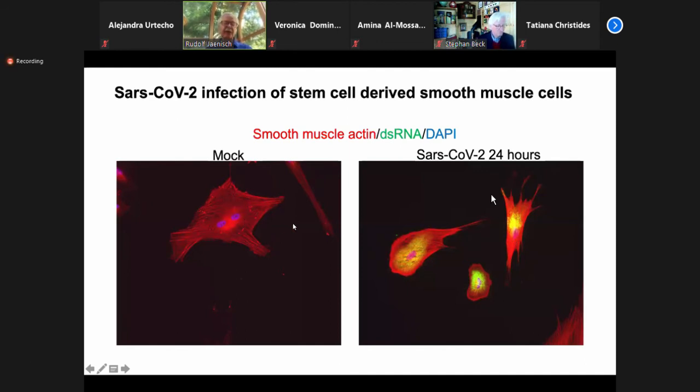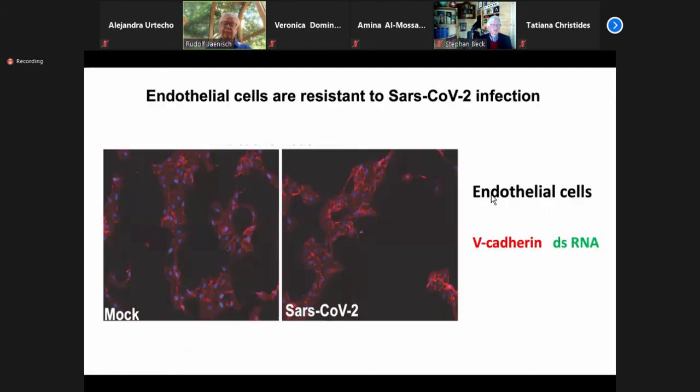So they clearly change their actin skeleton, and they change their shape, but they really produce double-stranded RNA. This is green, but they don't die. Endothelial cells, either mock or infected, there's no evidence for double-stranded RNA, so they're really resistant, also by this assay.